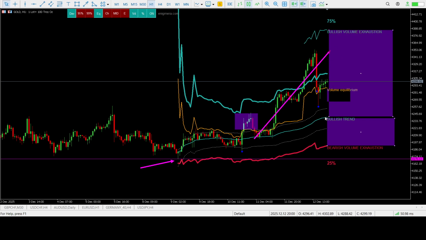This is our bullish side of the market, from bullish trend to bullish volume exhaustion, and this is our bearish side of the market. The bearish side is 25% and the bullish side is 75%.